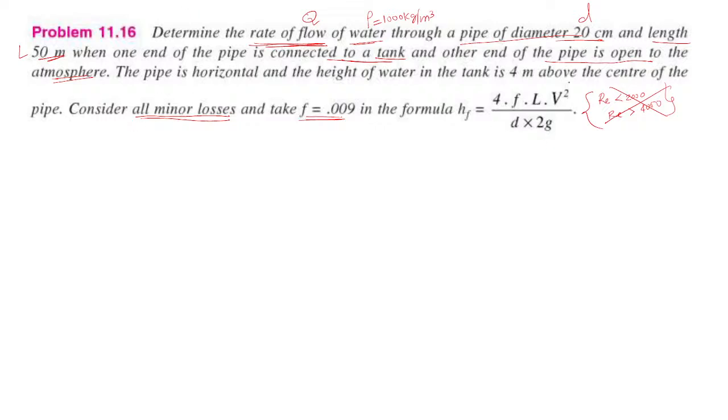Now first of all, in this problem it is very important to make a layout. So there is a tank, and a pipe is connected to the tank, and they have said the pipe is horizontal, and from the center line of the pipe the water is up to here, the surface of the water.